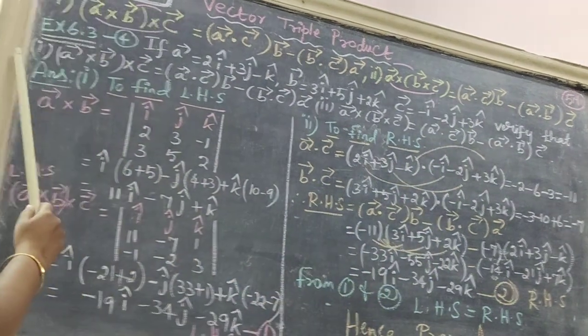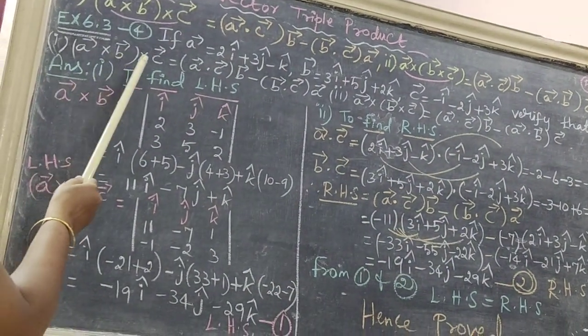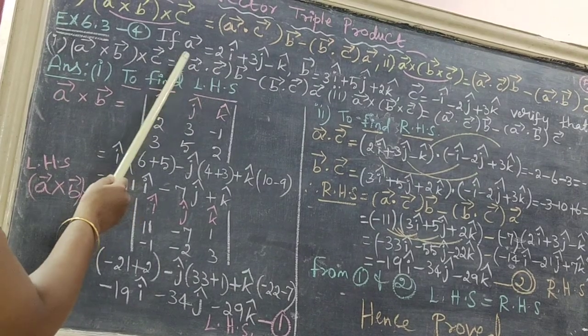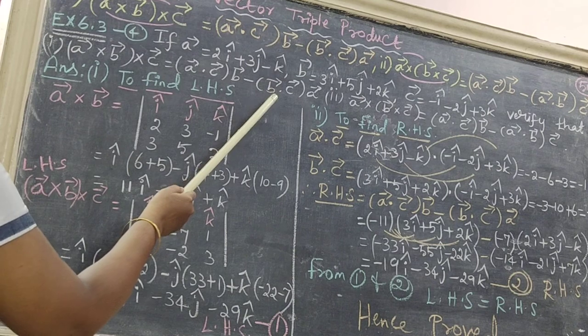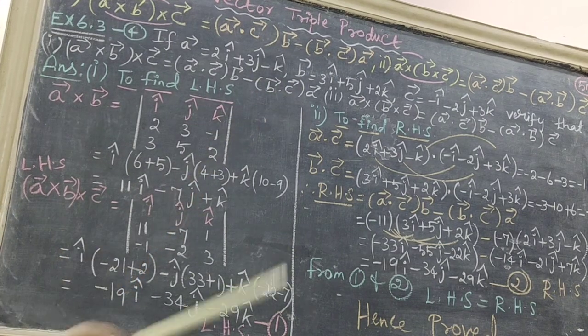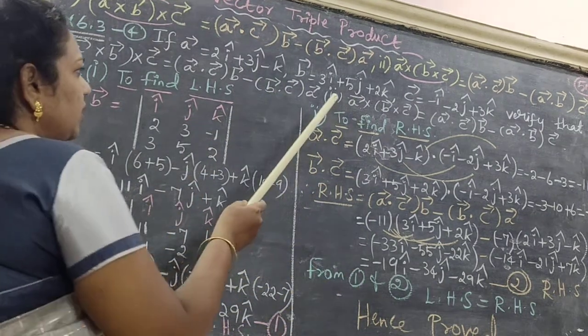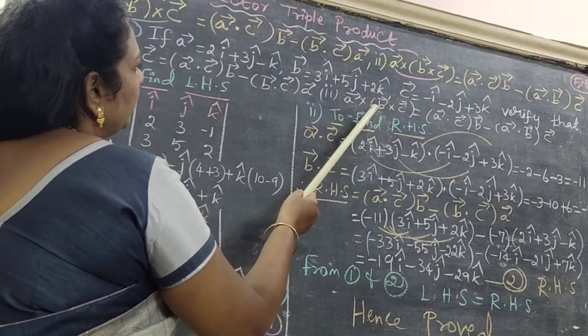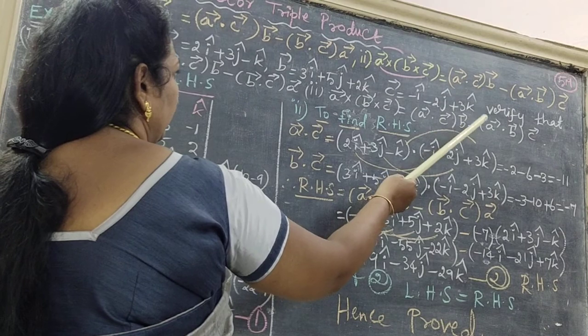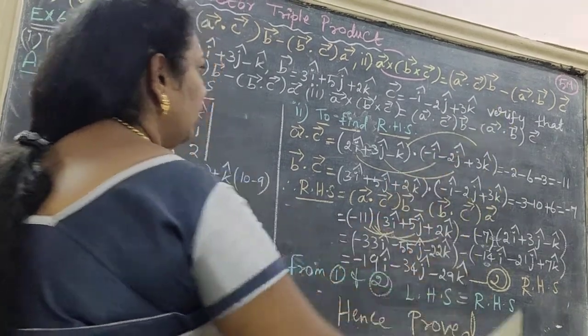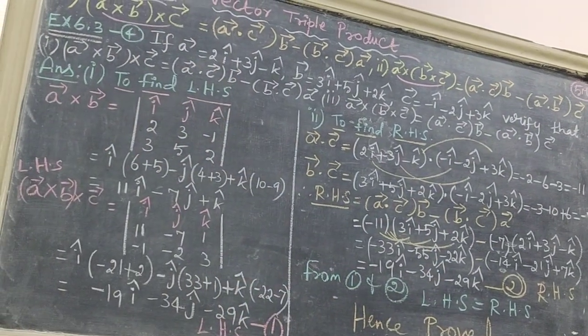Verify that first one is A vector cross (B vector cross C vector) equal to (A vector dot C vector) into B vector minus (B vector dot C vector) into A vector. Second one is A vector cross (B vector cross C vector) is equal to (A vector dot C vector) into B vector minus (A vector dot B vector) into C vector.